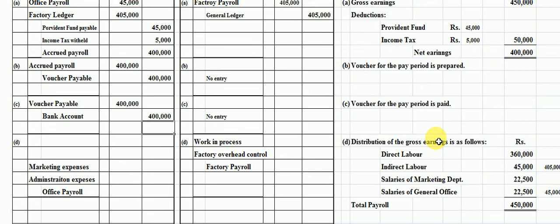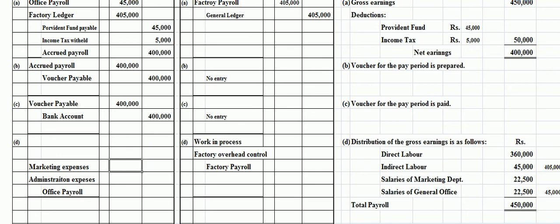Now students, the closing entry will be passed for payroll. For this purpose, in the head office book, there are 2 accounts which belong to the head office, like marketing and admin payroll.